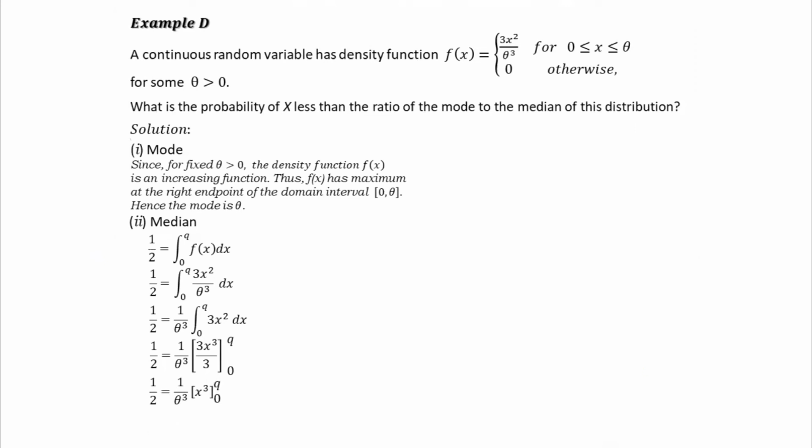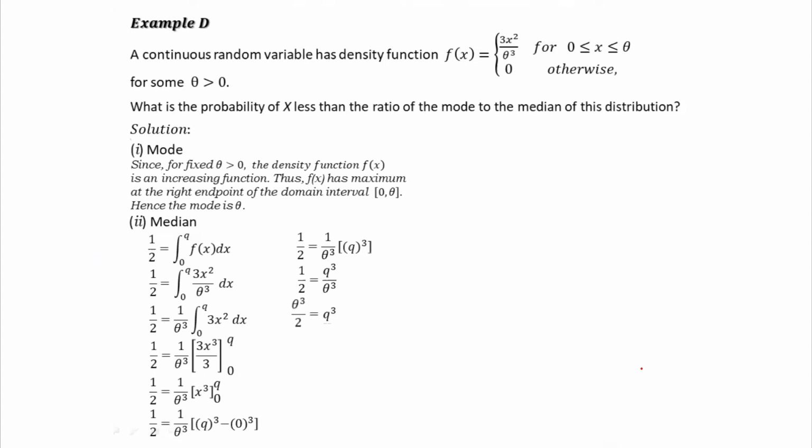And substituting our limits of integration, we have 1 over theta cubed times the quantity of q cubed minus 0 cubed. And we know that 0 cubed is 0, so this is equal to 1 over theta cubed times q cubed. So multiplying these terms, we have q cubed over theta cubed.